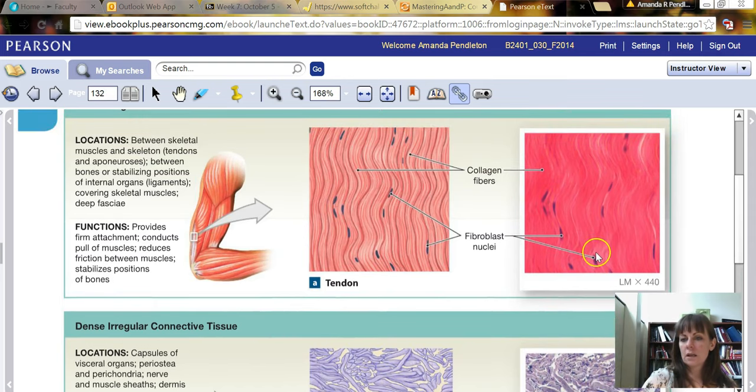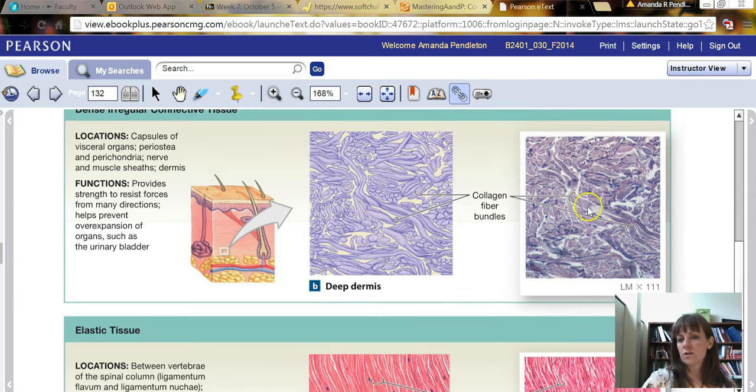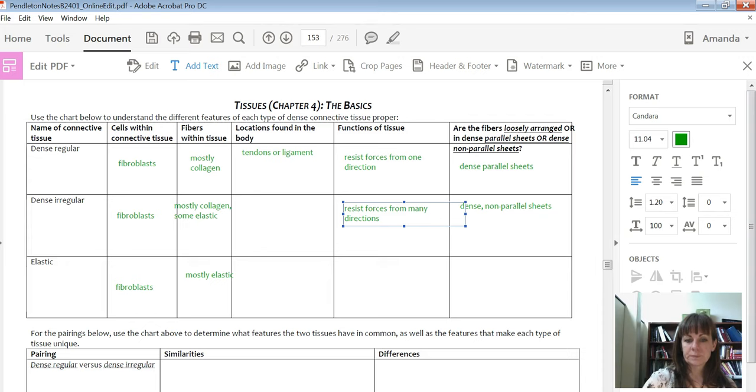And so again, these you have to pull on them from either end, and they're very strong, but if you pull sideways, they don't have the same strength. Dense irregular, on the other hand, you can pull from this way, and there's going to be at least some fibers there to resist the pulling. Or you could pull that way, or you could pull this way, and so that's what's very important about the dense irregular connective tissue.